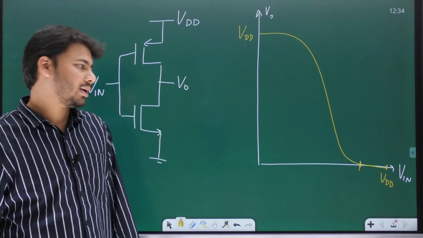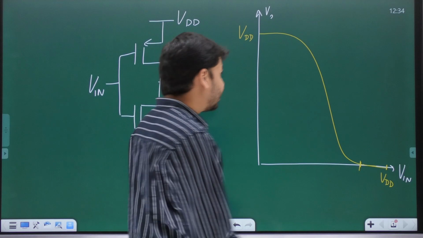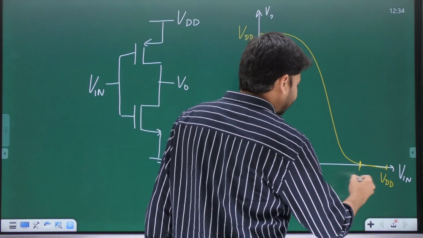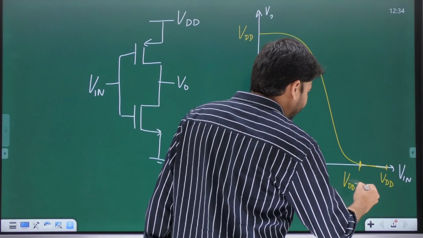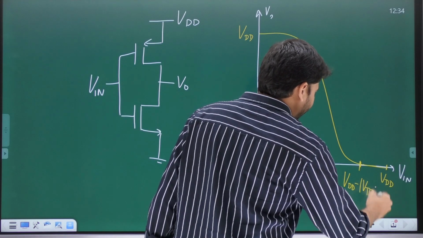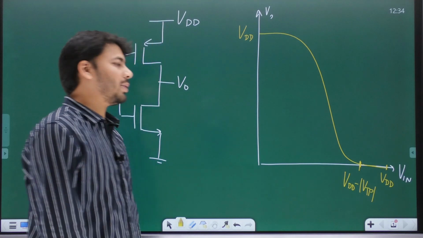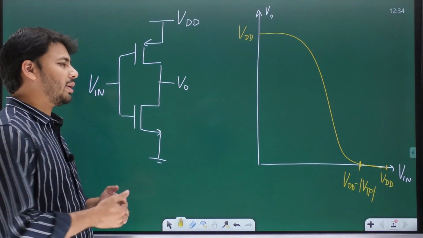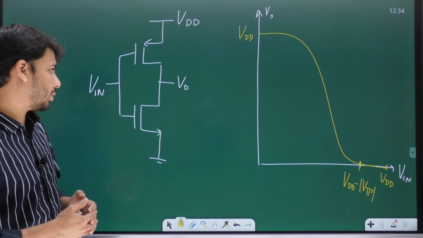In fact, if you recall, the value of Vn where the VTC would touch down on the x-axis is VDD minus mod VTP. So this is the complete voltage transfer characteristic of any CMOS inverter.